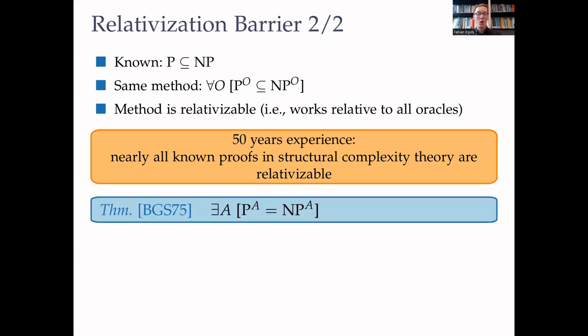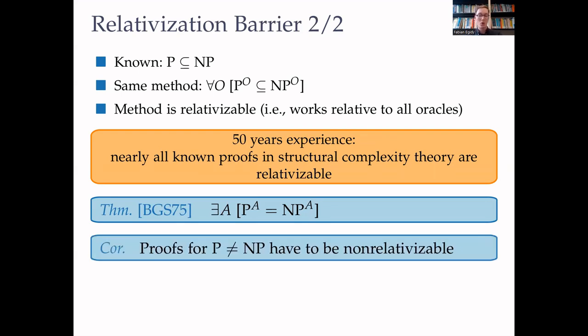So there is an oracle A where relative to the oracle, P equals NP. And we get as a corollary of this that any approach to prove that P is not equal to NP must use proof techniques that we currently do not have. Because any proof for P is not equal to NP cannot be relativizable.